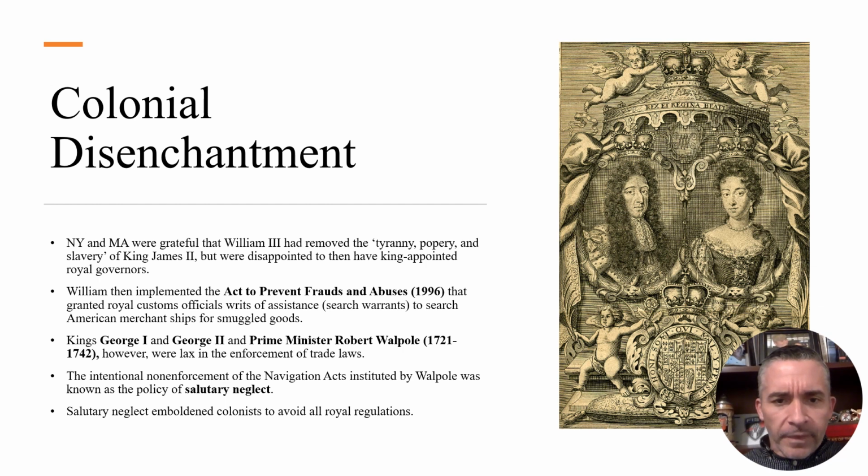And William, even more to their chagrin, you could say, passed the Act to Prevent Frauds and Abuses in 1696. Looks like I had written 1996, but that's obviously 1696. And that essentially granted royal customs officials, king-appointed officials who worked in admiralty courts, what were called writs of assistance or search warrants.